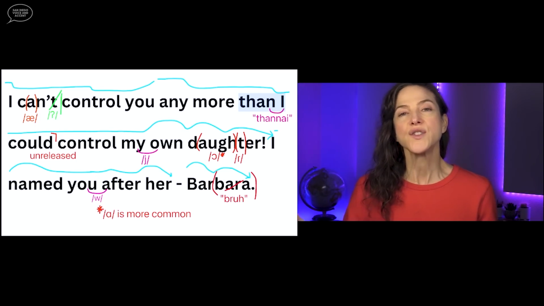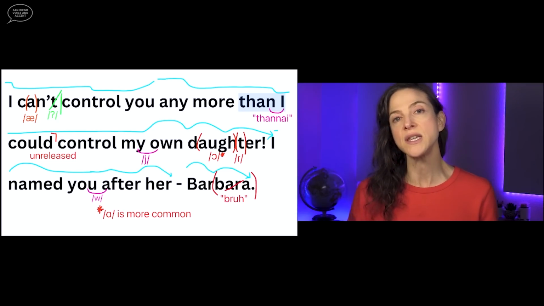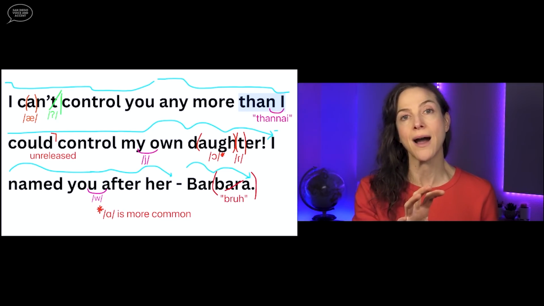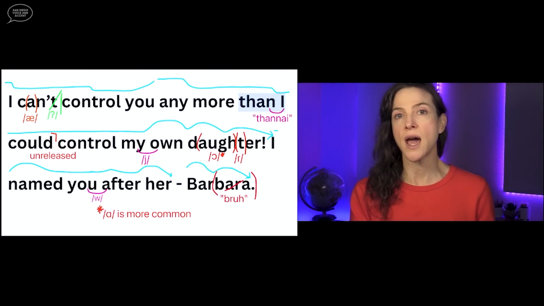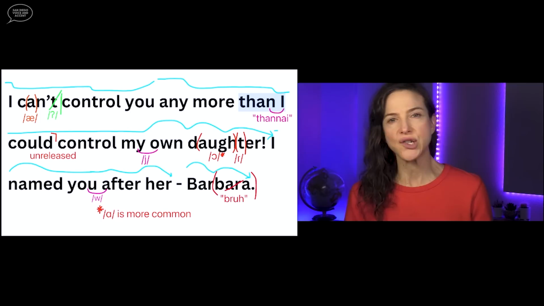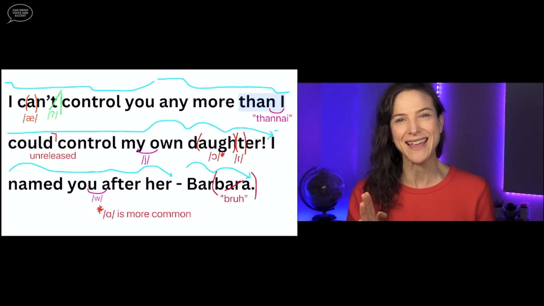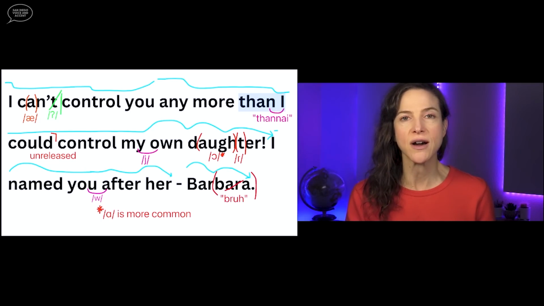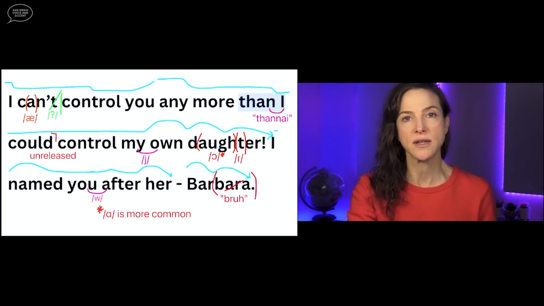Then I. So how to do this link is you allow that final N consonant to just continue over to the beginning of the next word, I. Okay, so this is a consonant to vowel link. Then I. It's not hard to do, it's just hard to remember to do it, especially if you're used to breaking that link. Then I. Keep your vocal cords turned on and allow that N sound to just continue over to the next word, which is the vowel I.